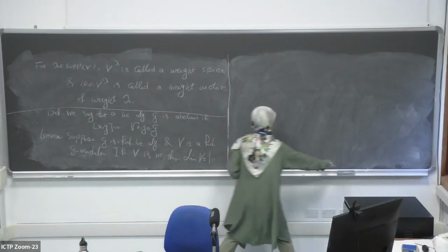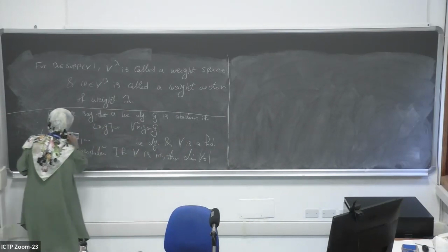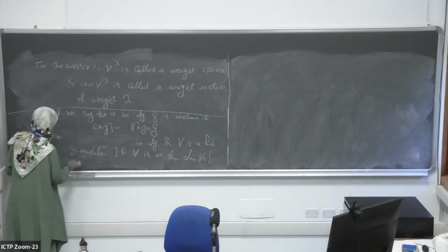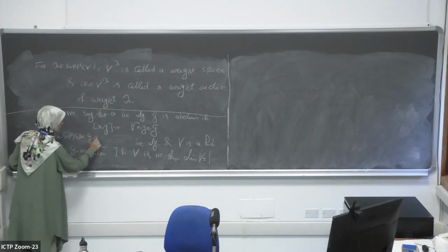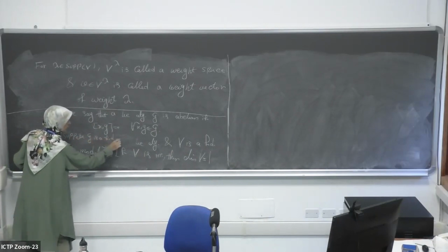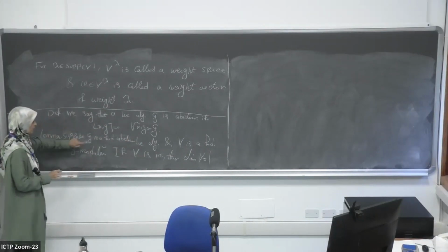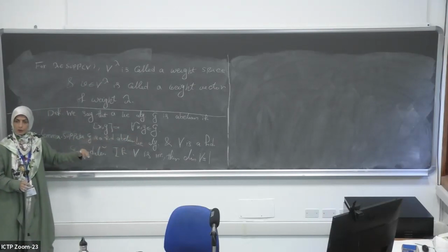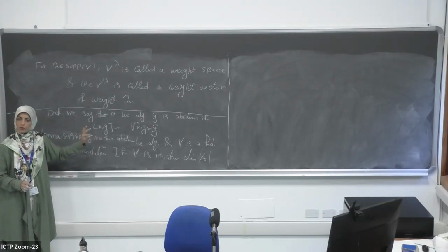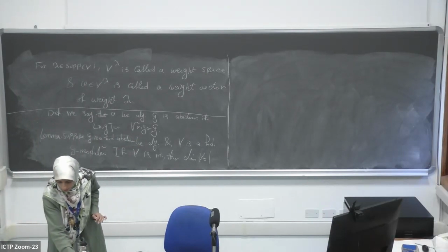G is abelian. Suppose G is a finite dimensional abelian algebra. If G is a finite dimensional abelian algebra and V is an irreducible finite dimensional G module, V is of dimension 1. Okay? And we can prove this now.